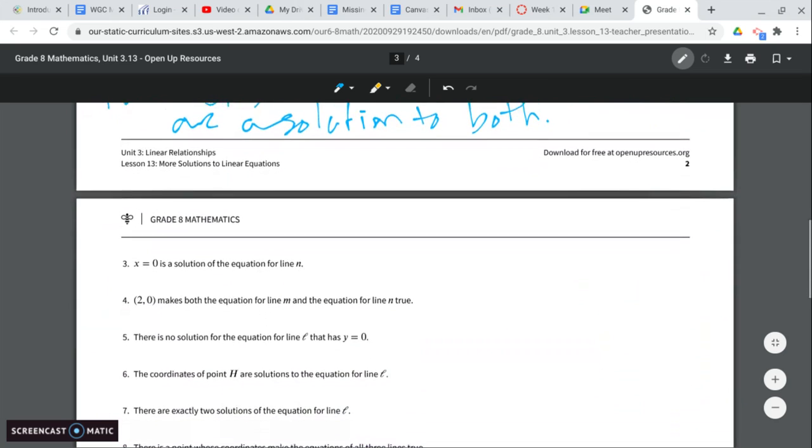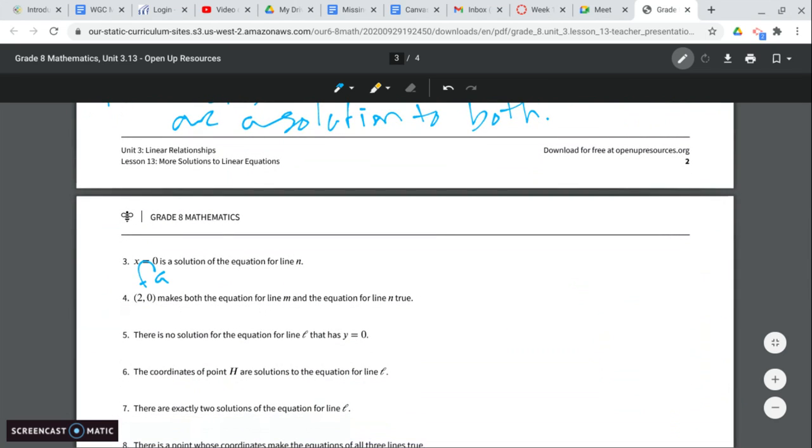So we have to have a pair of numbers. So false. Equation has two variables. So we need coordinates for its solution.